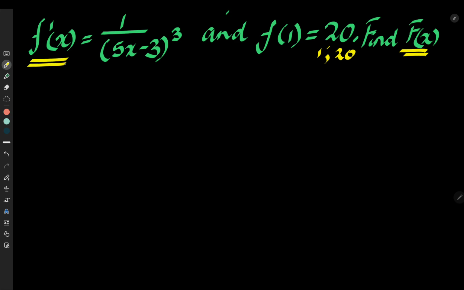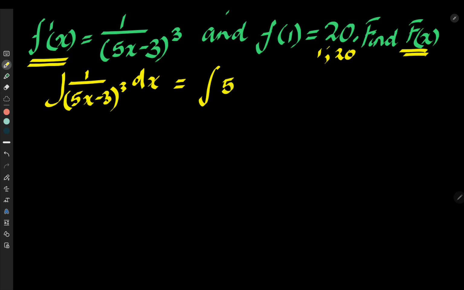Remember, what we have here is the first derivative. To get the function f(x), you need to integrate the first derivative. That will be the integral of 1 over (5x - 3)^3 dx. Before you integrate, apply the laws of indices so that 5x - 3 becomes the numerator, and that becomes (5x - 3)^-3 dx.